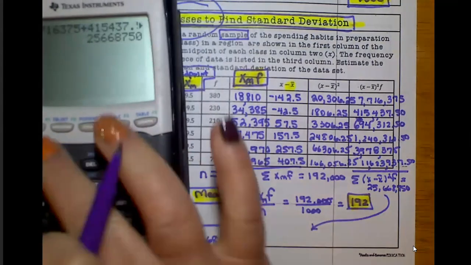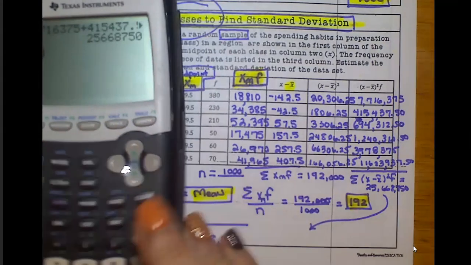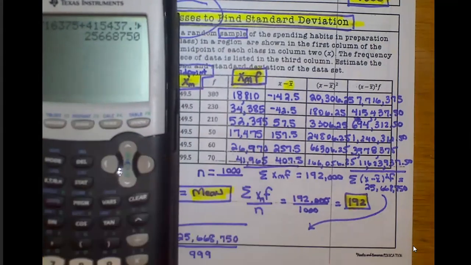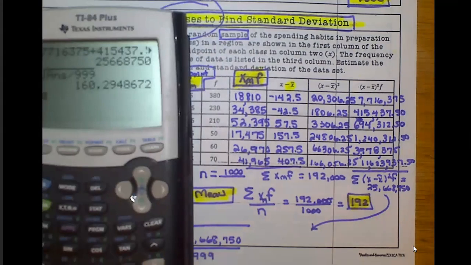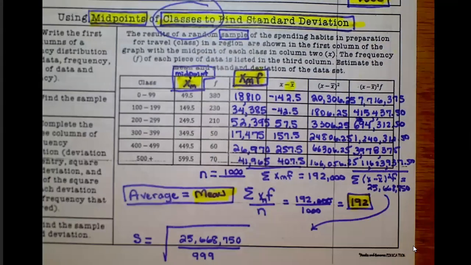So I'm going to go to second square root, second answer, divided by 999. We'll round 2 places for this one, so it'll be 160.29.